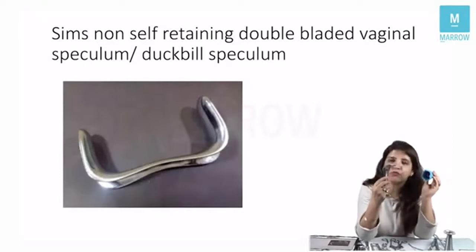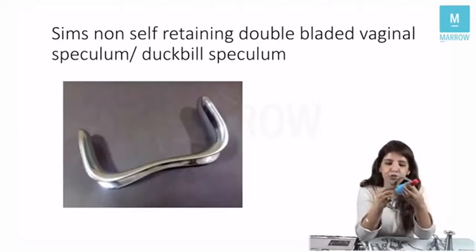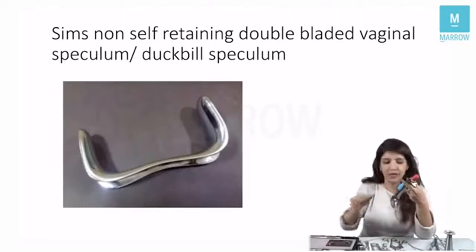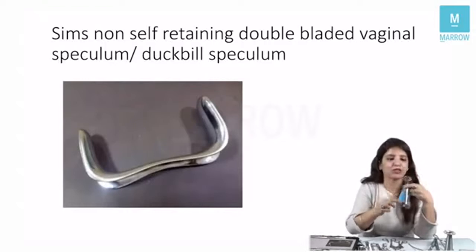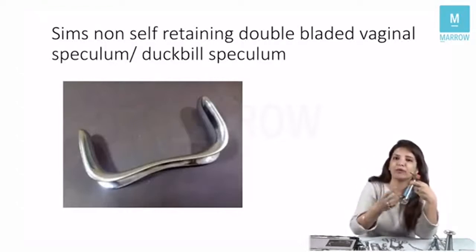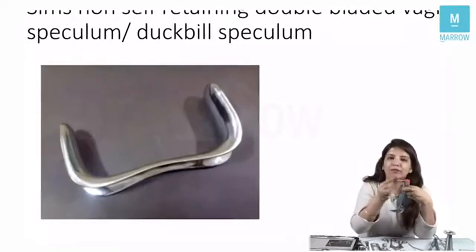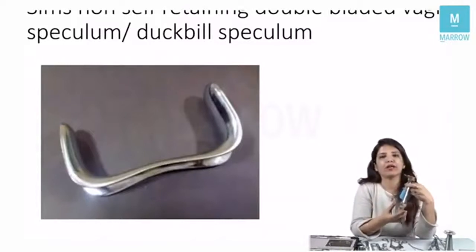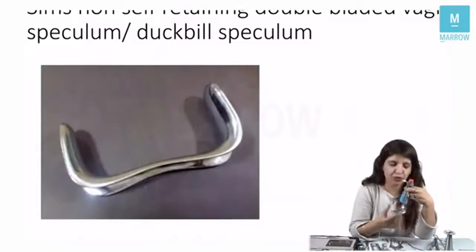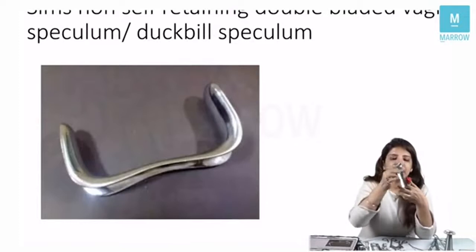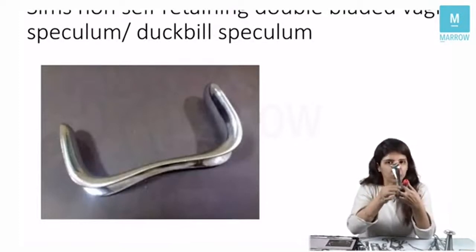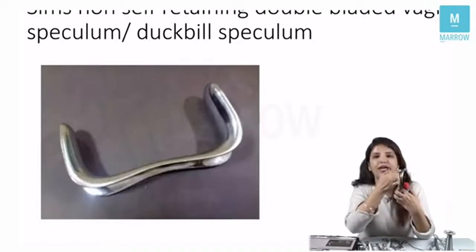The other name for this speculum is the duckbill speculum. As you can see, in this speculum there are two blades, right? The sizes of the two blades are different. One blade will be a little narrow and the other a little broader, right? Then there is a handle connecting both blades, and there is a groove in the blade.